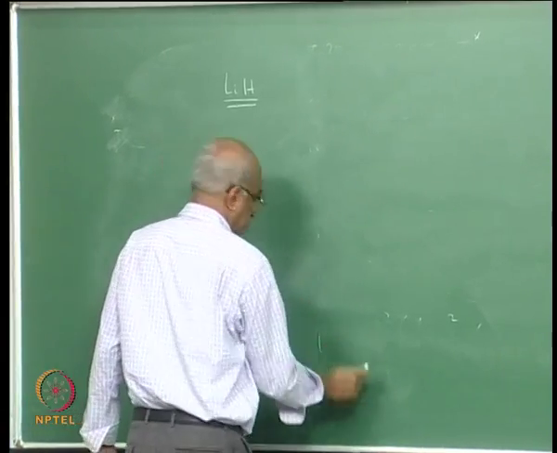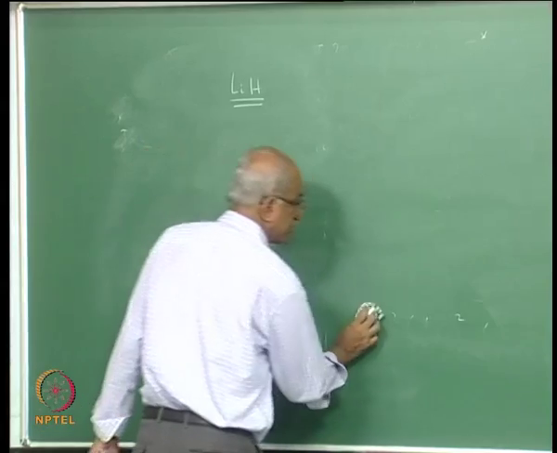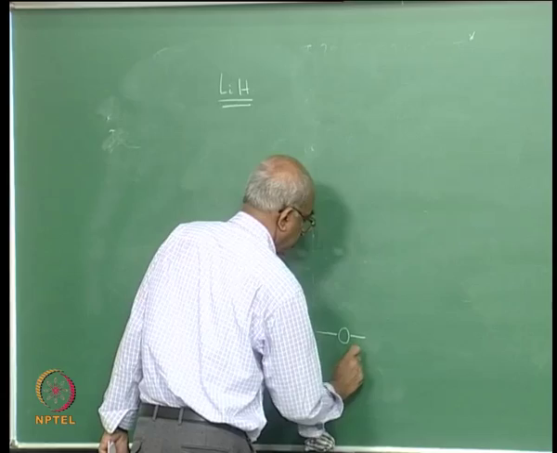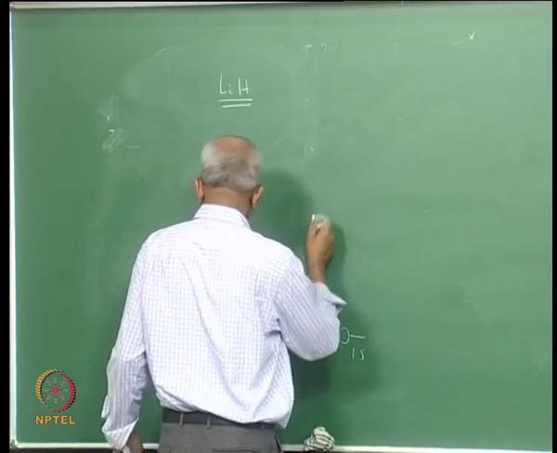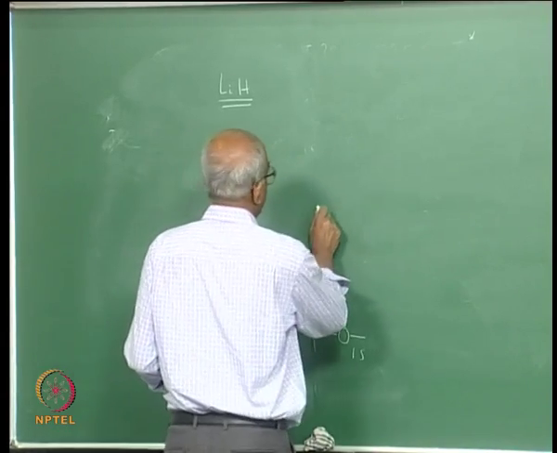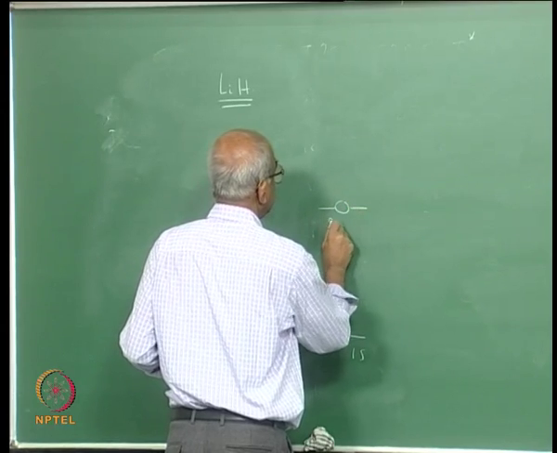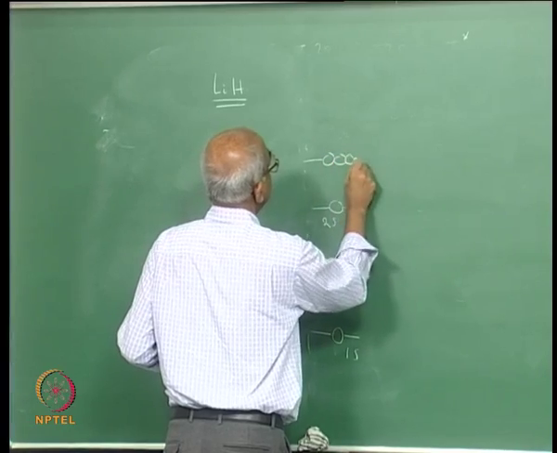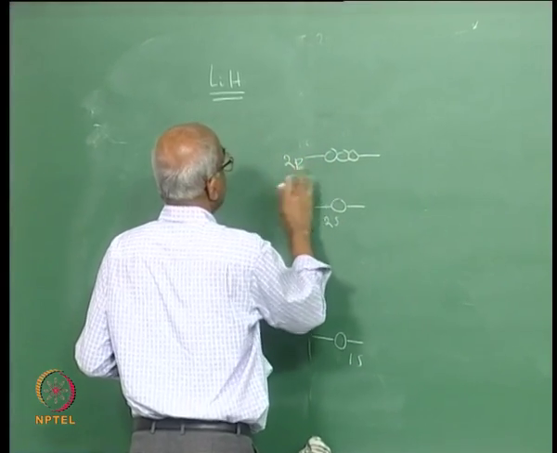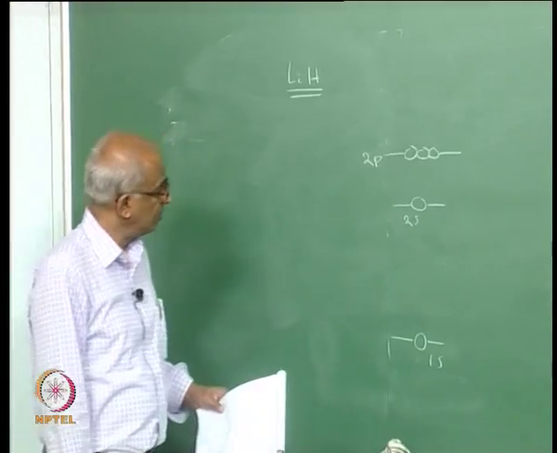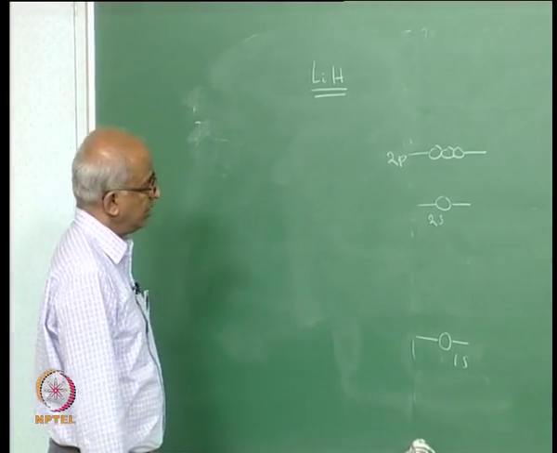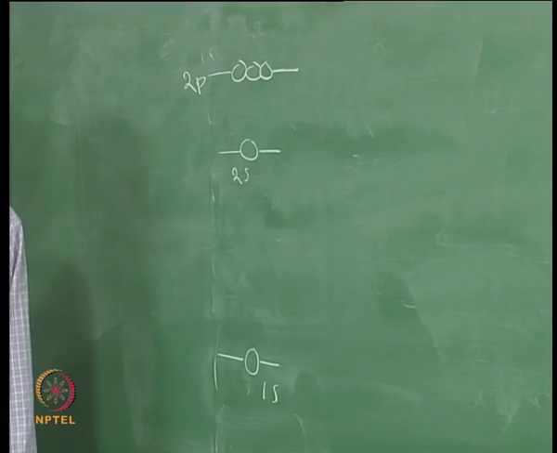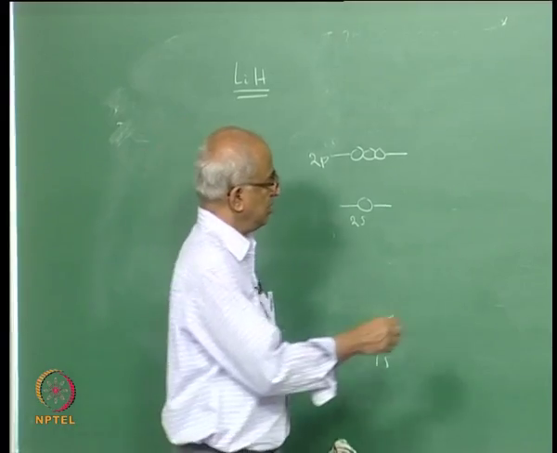You have the 1s orbital on lithium, and then you have the 2s and the 2p. These are on the lithium. And now you think of the 1s orbital on the hydrogen.